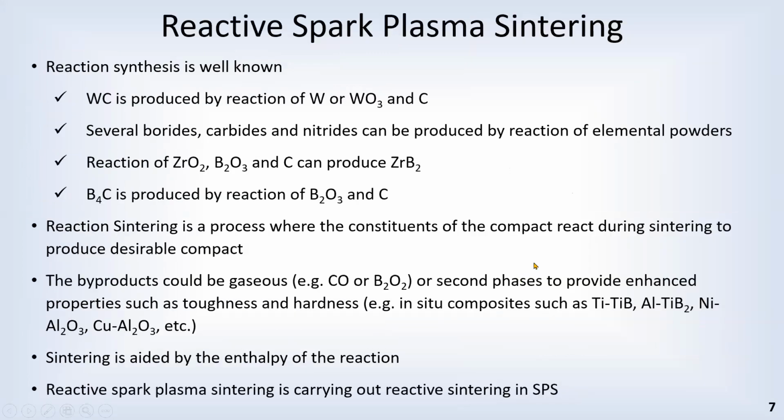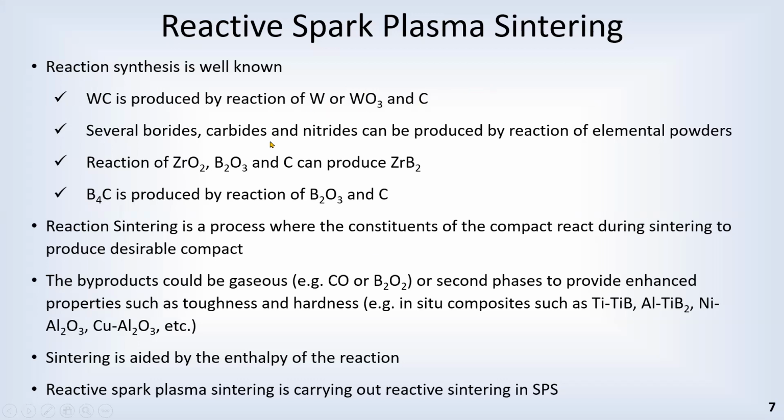So the advantages of SPS are that you can do sintering at low temperatures and high heating rates, so the time of sintering is less, so you have less grain growth, and less energy is used in sintering. And what we are doing is reactive spark plasma sintering, with carbon and tungsten oxide and carbon.